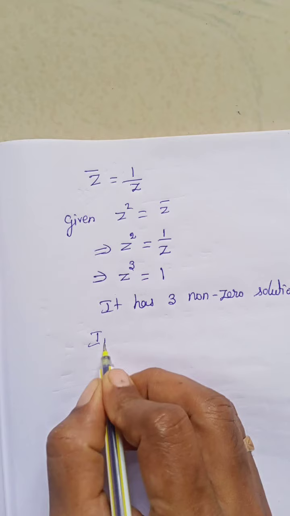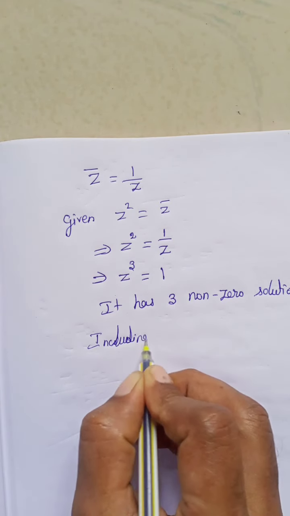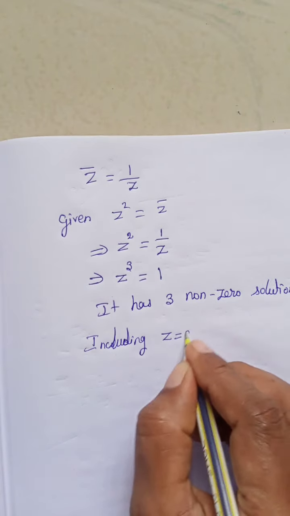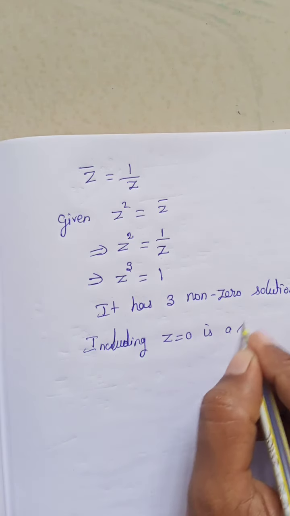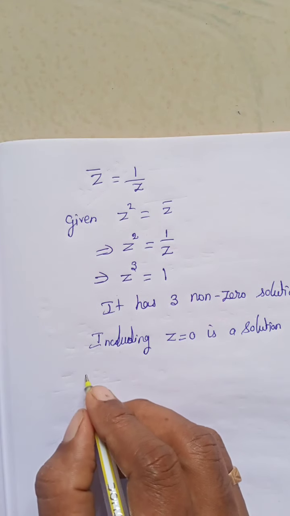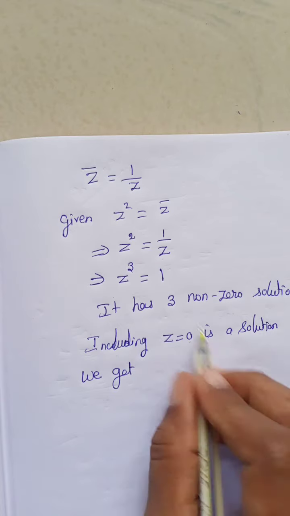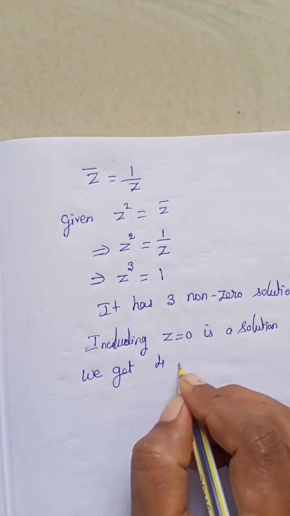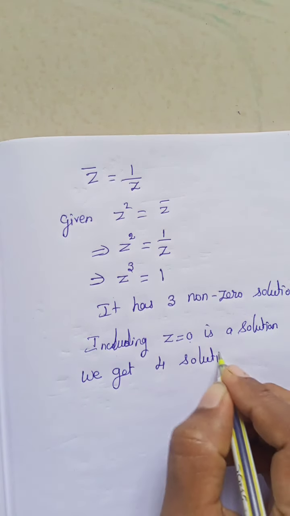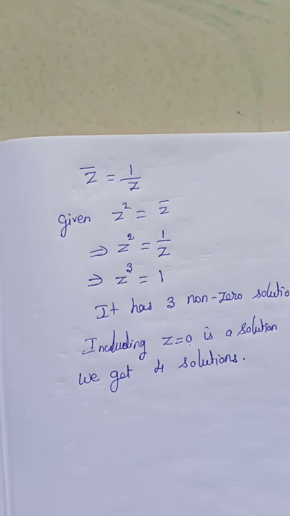So we can write, including Z equal to 0 as a solution, we get, see here, 1 plus 3, 4 solutions. This is what they have asked us to prove. Is that clear?